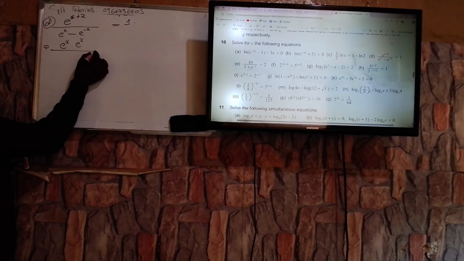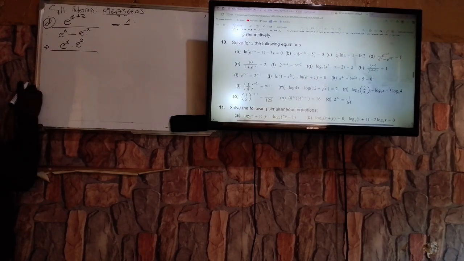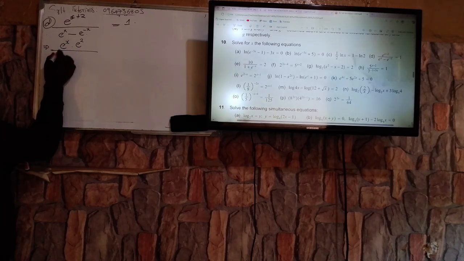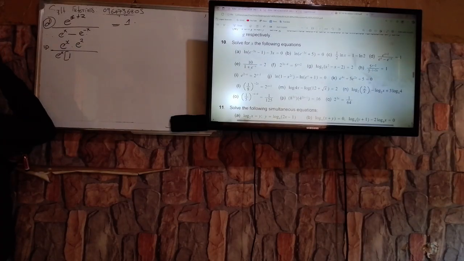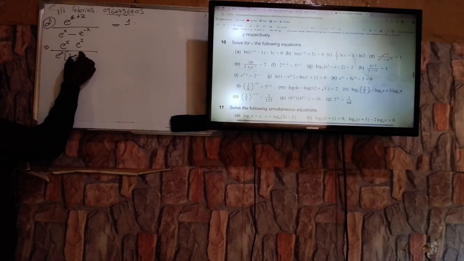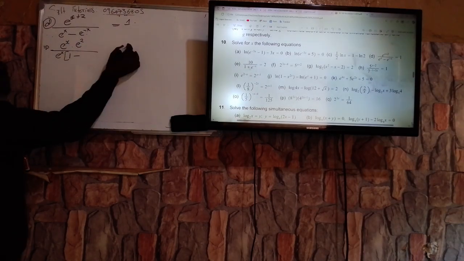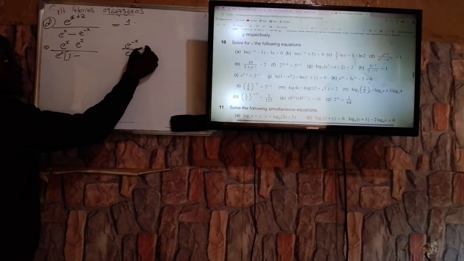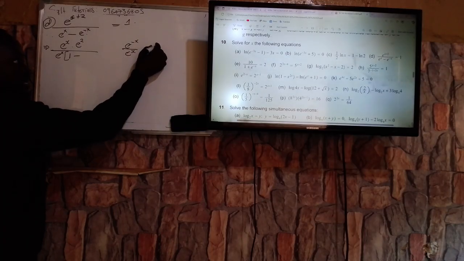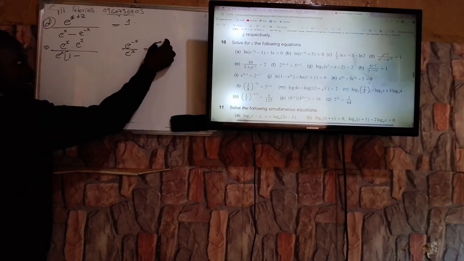In the denominator here, I can factorize my e power x by factoring out e power x, and I'm going to remain with the 1 there. If I factor out the e power x there, what am I going to remain with? I'm going to remain with e power negative x over e power positive x, so this will eventually be e power negative x minus x, giving us e power negative 2x.